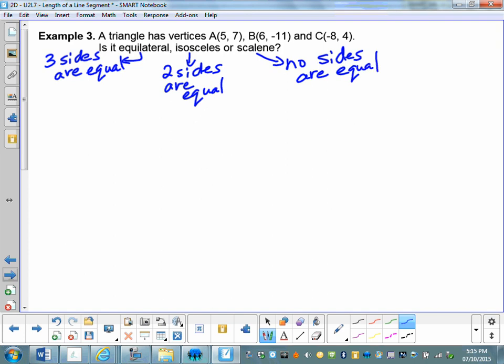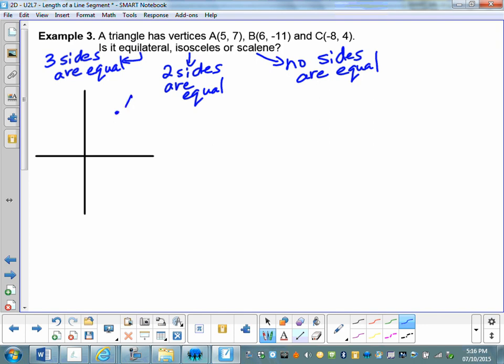Now, let me just sketch a rough picture of what this looks like. This doesn't have to be a perfect graph. We just want to get a picture of what it's going to look like. If I draw a graph here, the first point's 5, 7, which might be about there.